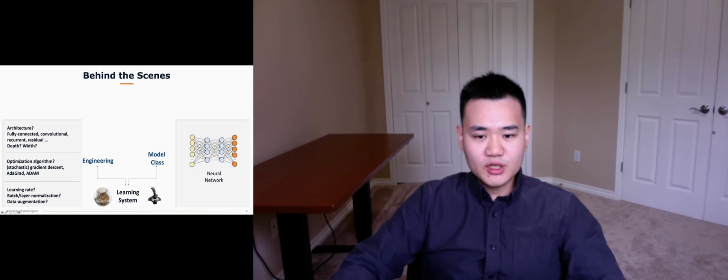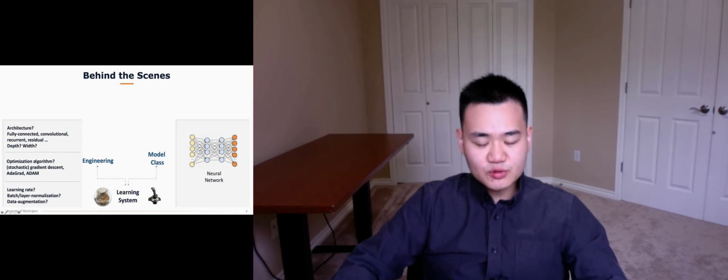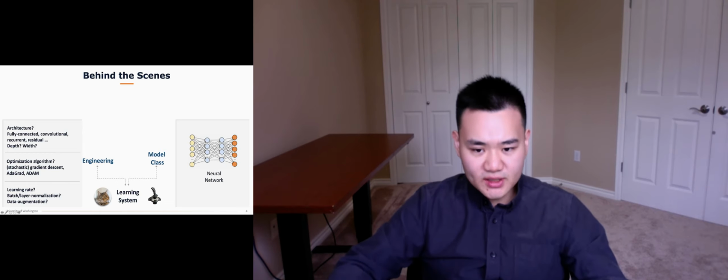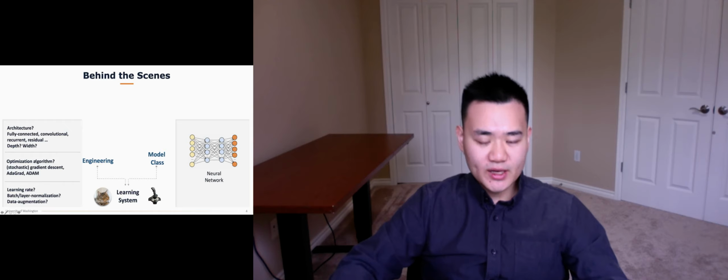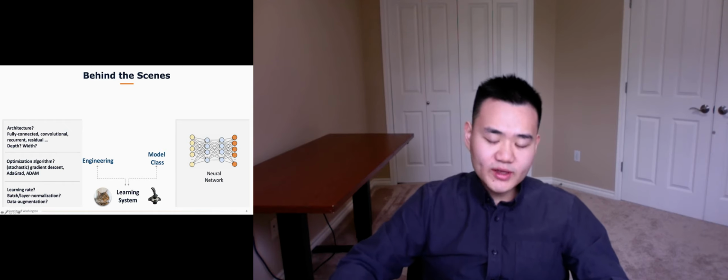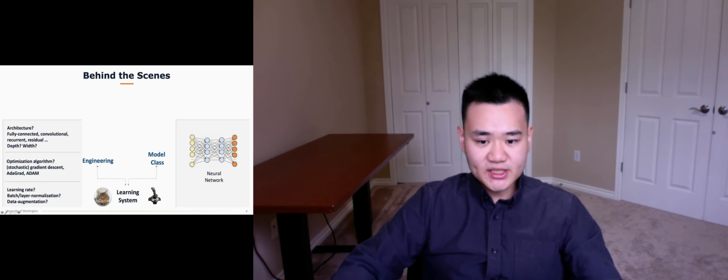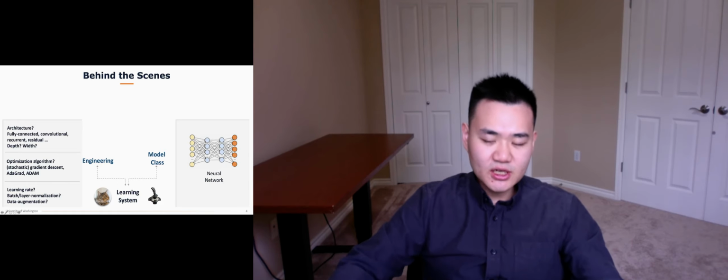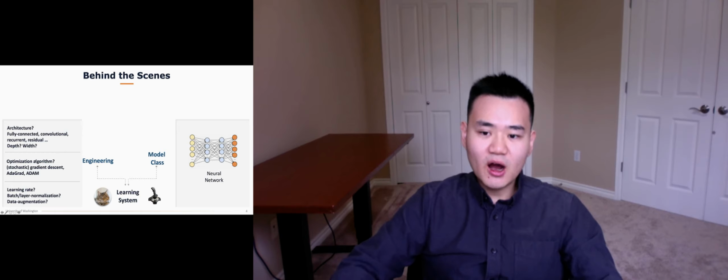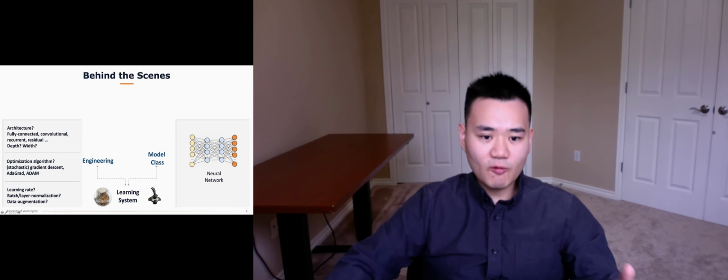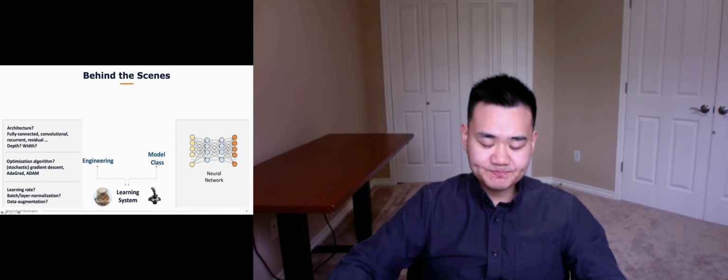And we need to choose the depth and the width. We need to choose some particular optimization algorithm to find parameters of the neural network, like stochastic gradient descent, AdaGrad, or Adam. And furthermore, we need to tune the learning rate and add, say, batch normalization or layer normalization, these techniques to improve the performance. And all these engineering choices are very important to determine the final performance.